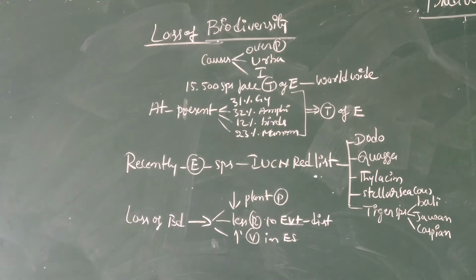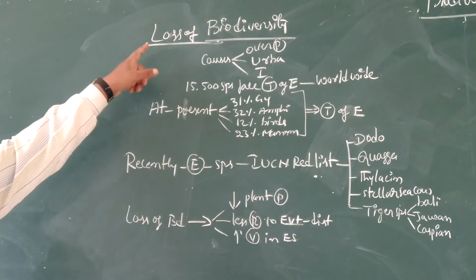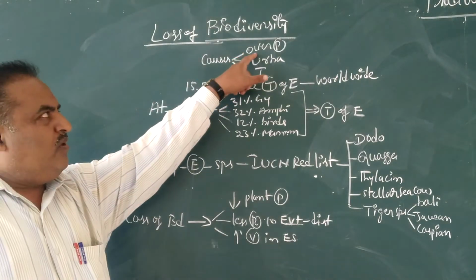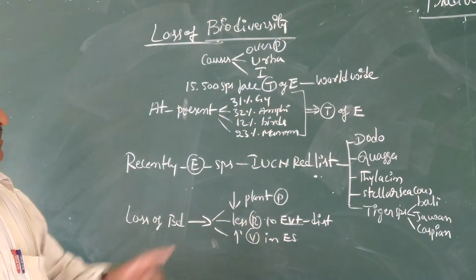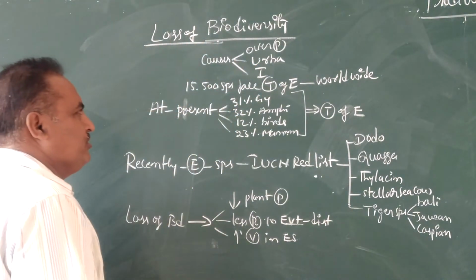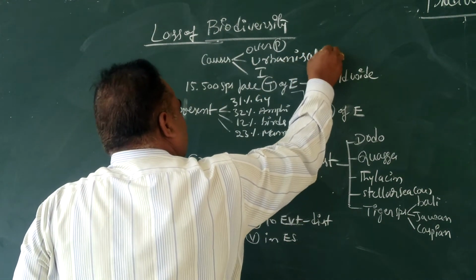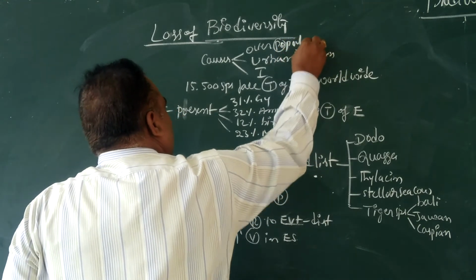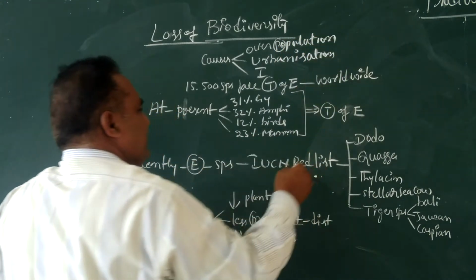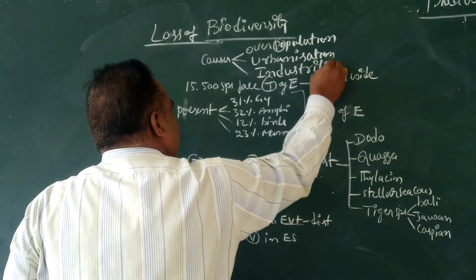Loss of biodiversity. The major causes for loss of biodiversity include overpopulation, which means population explosion, urbanization, and industrialization.